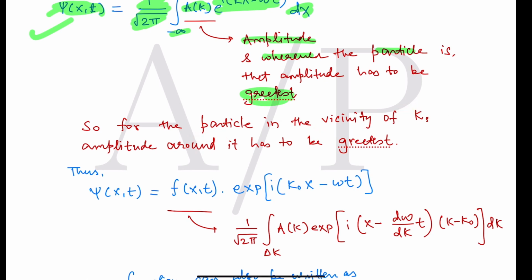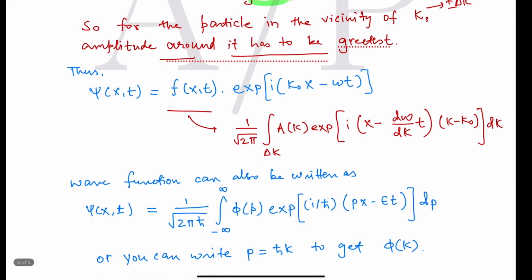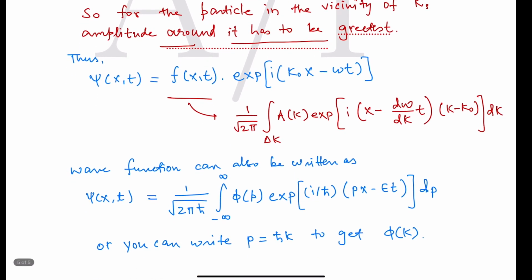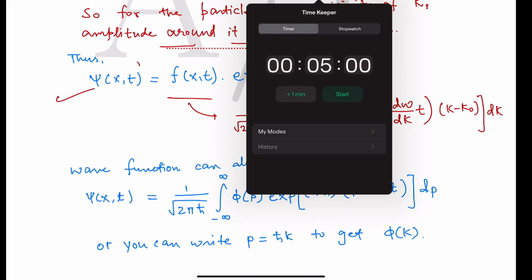So suppose the particle is in the vicinity of the wave number k, that is, in the range k plus or minus delta k. In this range, the amplitude around it has to be greatest. This is the requirement of the amplitude.